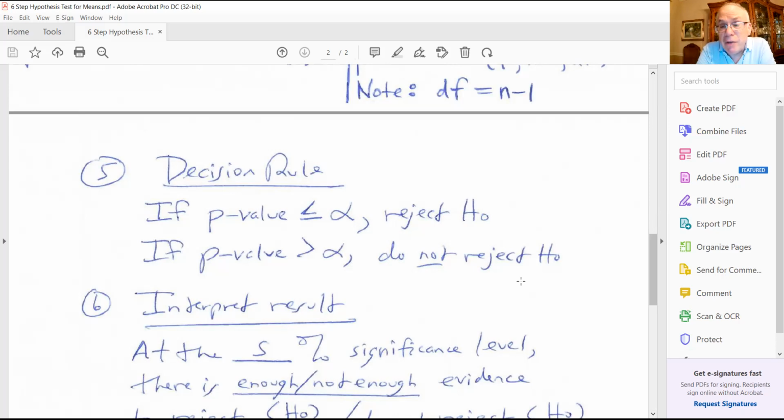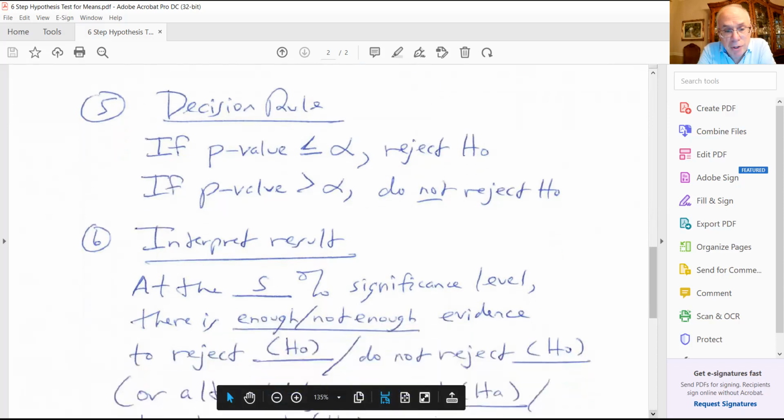But in every case that I'm going to give you on tests and on the final exam, it won't matter whether the equal to is here or here. Typically, the p-values are going to be less than alpha or greater than alpha. So don't worry about it so much. Basically, if the p-value is less than alpha, reject the null hypothesis. If the p-value is greater than alpha, do not reject.